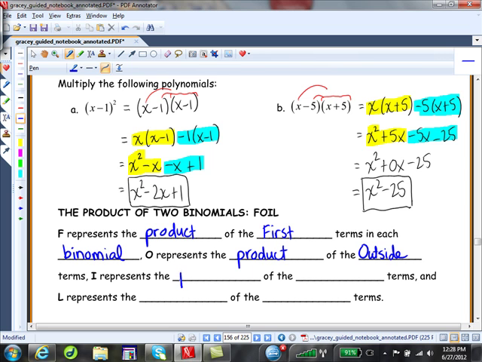I represents the product of the inside terms. And L represents the product of the last terms.